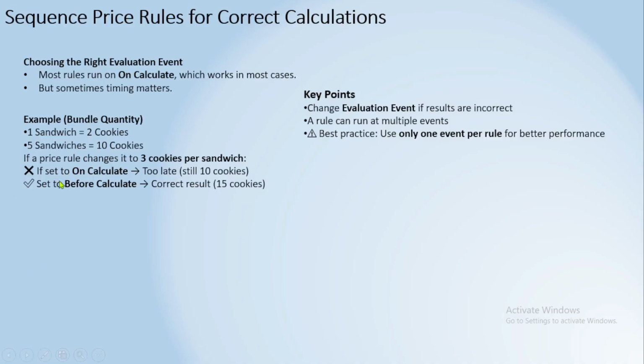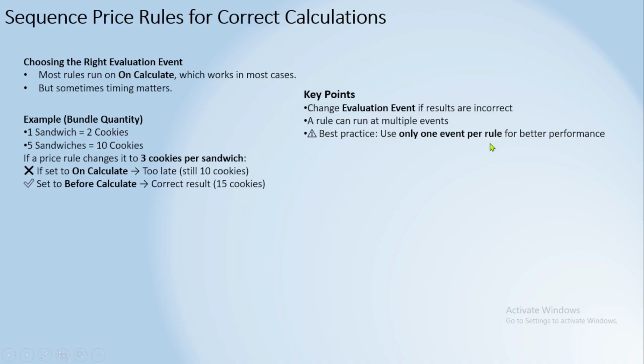So where I can set it, I will use the event before calculate, because I want to apply some pricing rules on the basis of this many cookies. So I have made some changes before calculate, and after that, on calculate, pricing rules will be implemented. Correct.